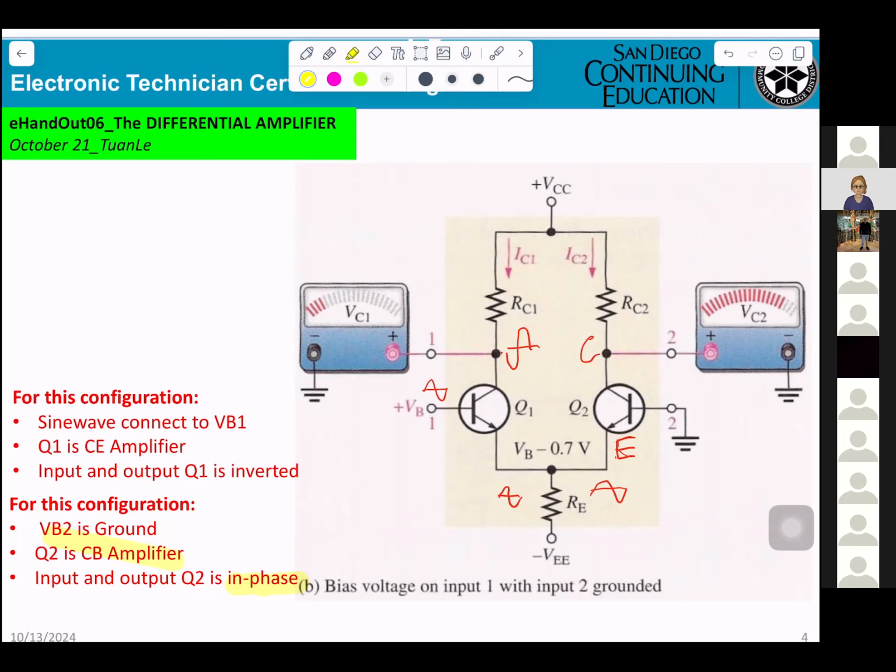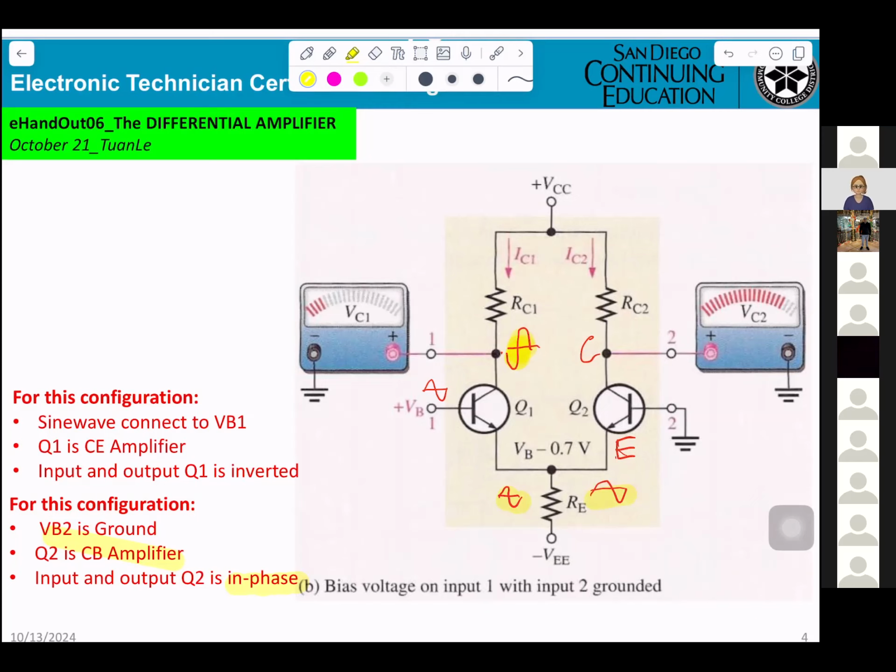So that's why at the emitter you get a signal. However, this signal will be opposite to the input. And also, you can get a signal here, going from the emitter of Q1 to the emitter of Q2.